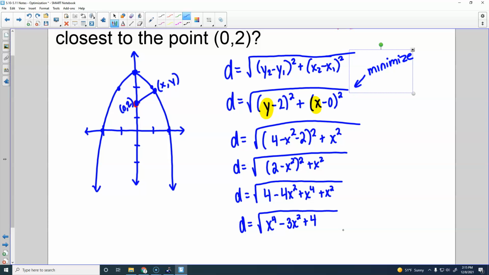But let's think about taking the square root of something. The bigger the number is, the bigger its square root is going to be. For example, if I have square root of 721 and square root of 894, which one's bigger? The square root of 894. I don't have to take the square root of each one to know that, because the square root of the bigger number is going to be the bigger number. So we really only care about what is underneath the square root. If it is a maximum, then the whole thing will be a maximum.